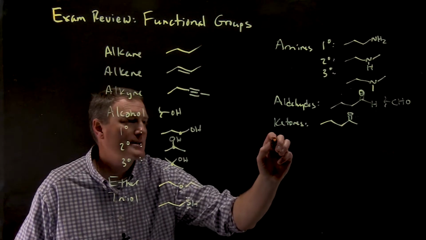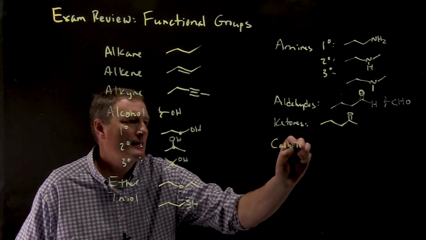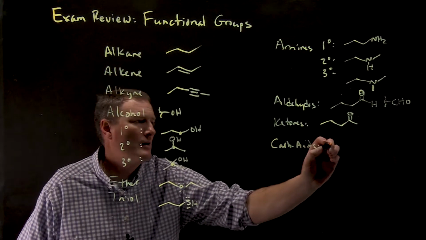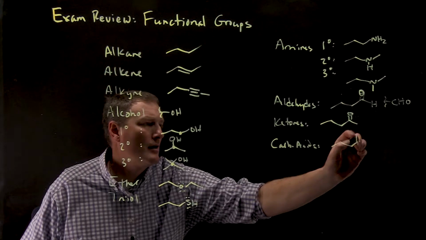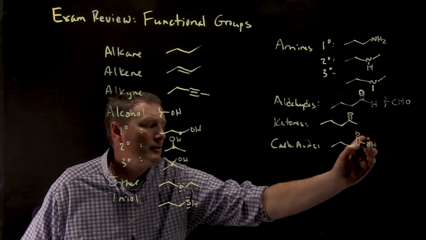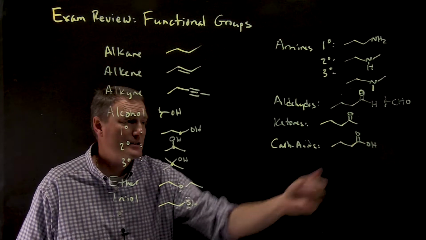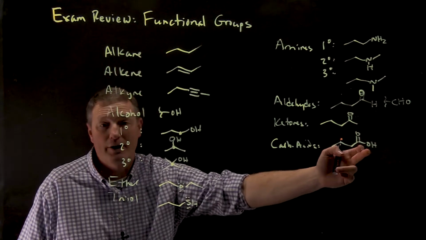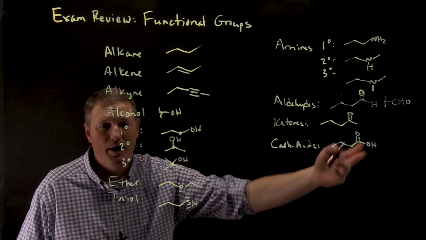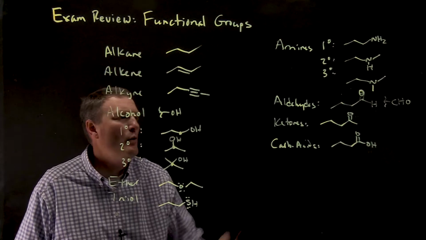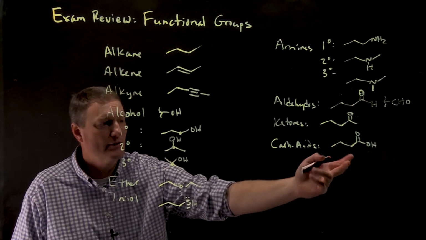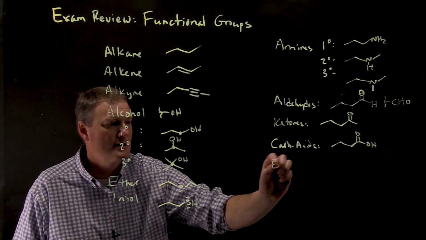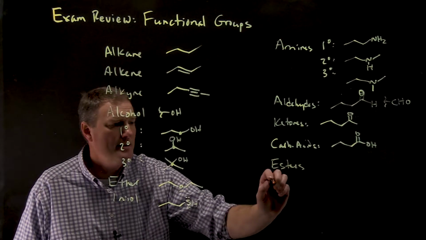We also talked about carboxylic acids. Okay, and this is a carbonyl now that has an OH group. Remember that these are acidic, so that proton will come off under basic conditions. We then discussed the various derivatives of carboxylic acids, like esters and amides.